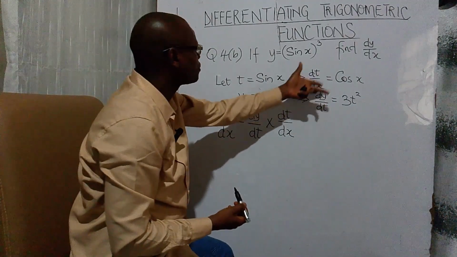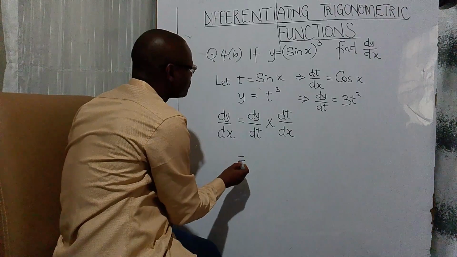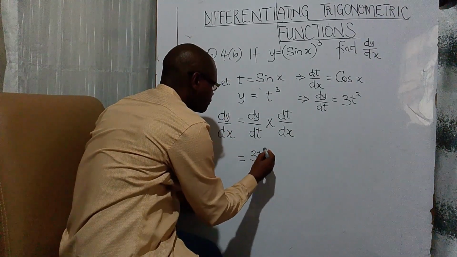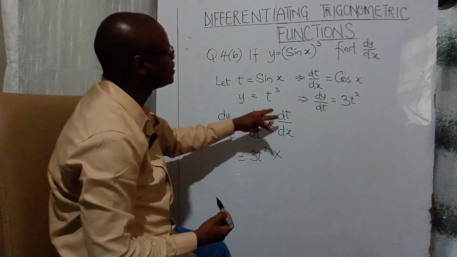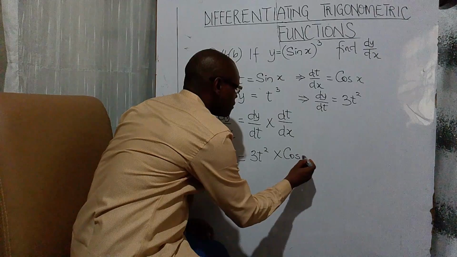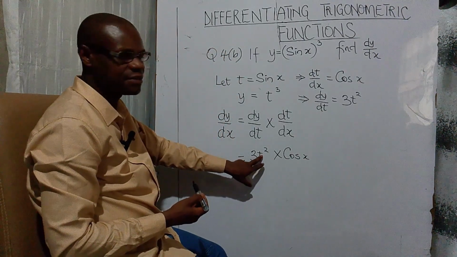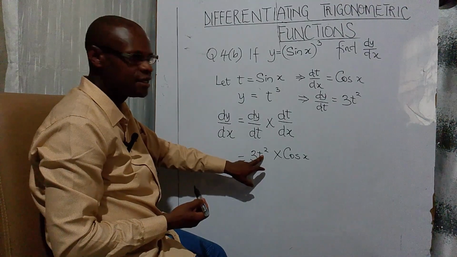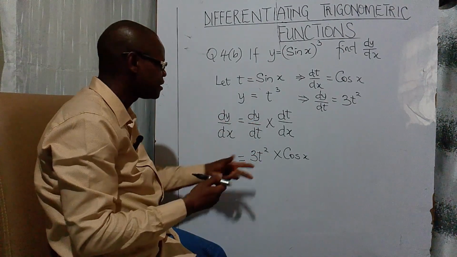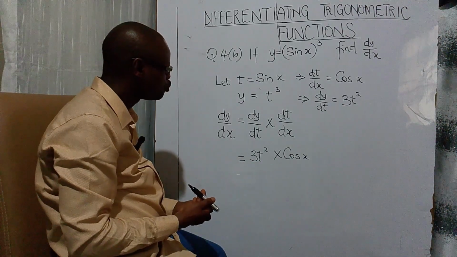So let's substitute all these expressions into our equation here. For dy dt, we have 3t squared multiplied by dt dx, which is cos x. So what we now do is replace the expression that we used for t, because t was never part of our question. We inserted t to make it easier for us to apply the chain rule.